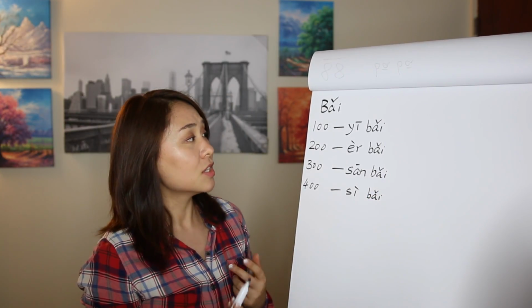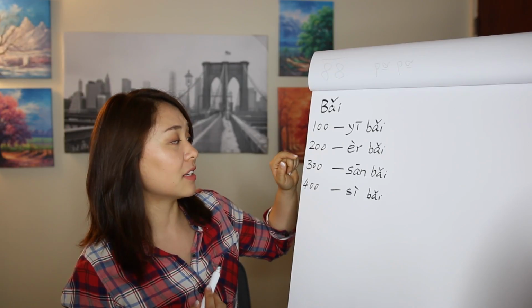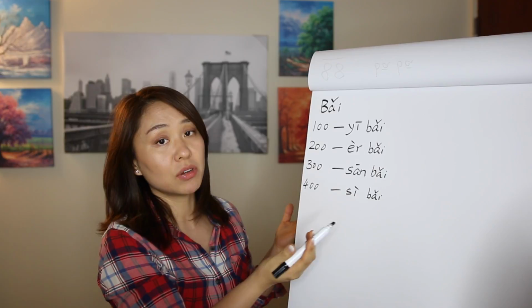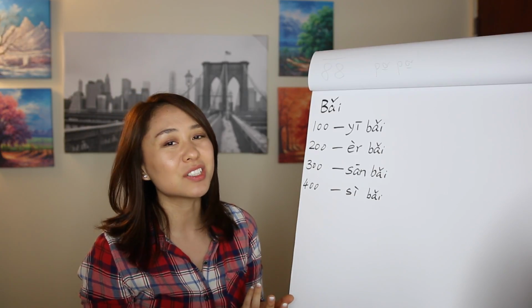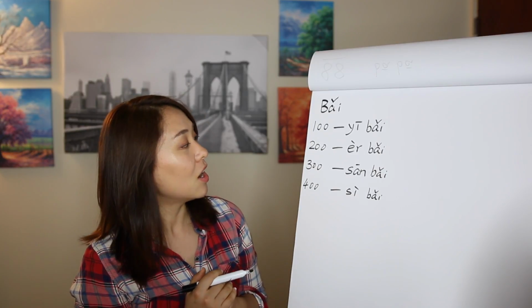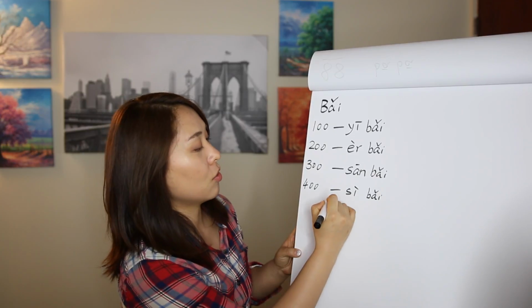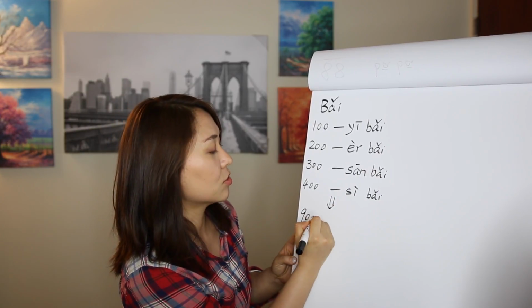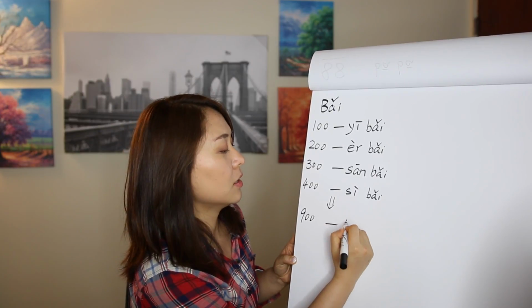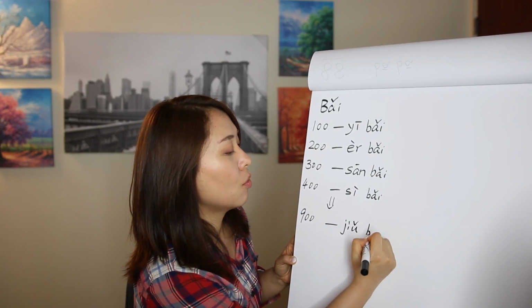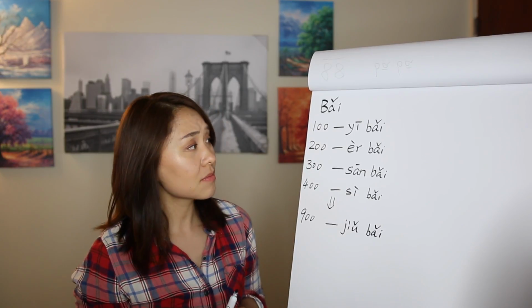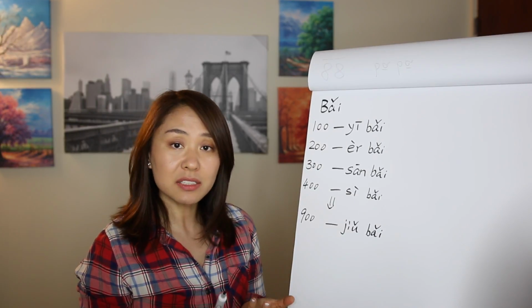It's pretty simple. If you want to say 100, you just add the number before 100. So there you go. It's the same as English. Then we go ahead until we hit 900. Very simple.